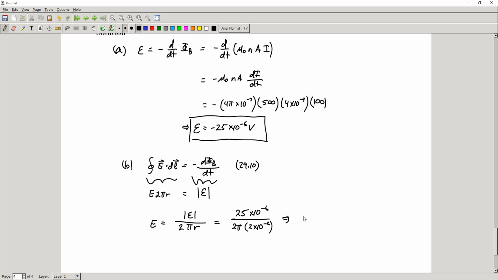Do that calculation, and you're going to find the magnitude of your induced electric field of 2.0 times 10 to the minus 4 volts per meter. So that is our electric field magnitude, which is induced by this changing magnetic flux.